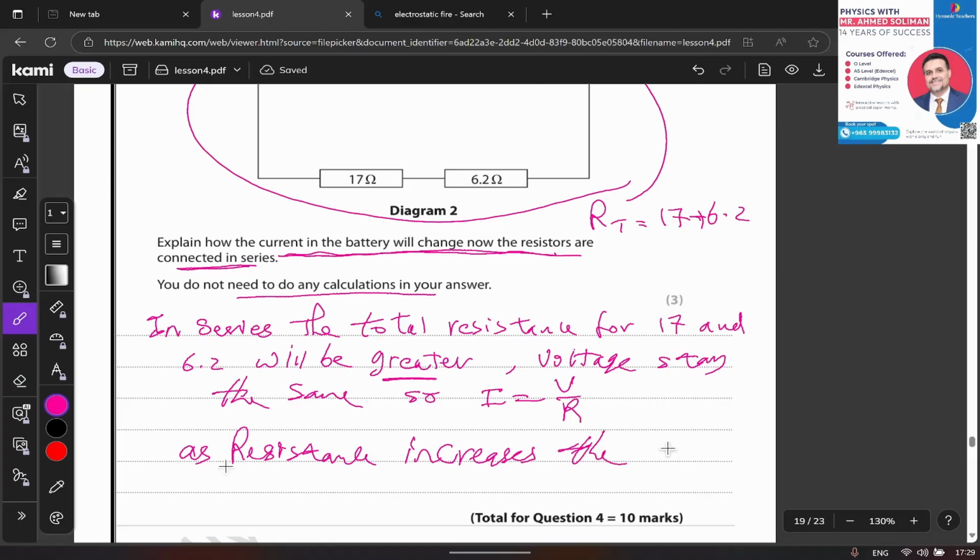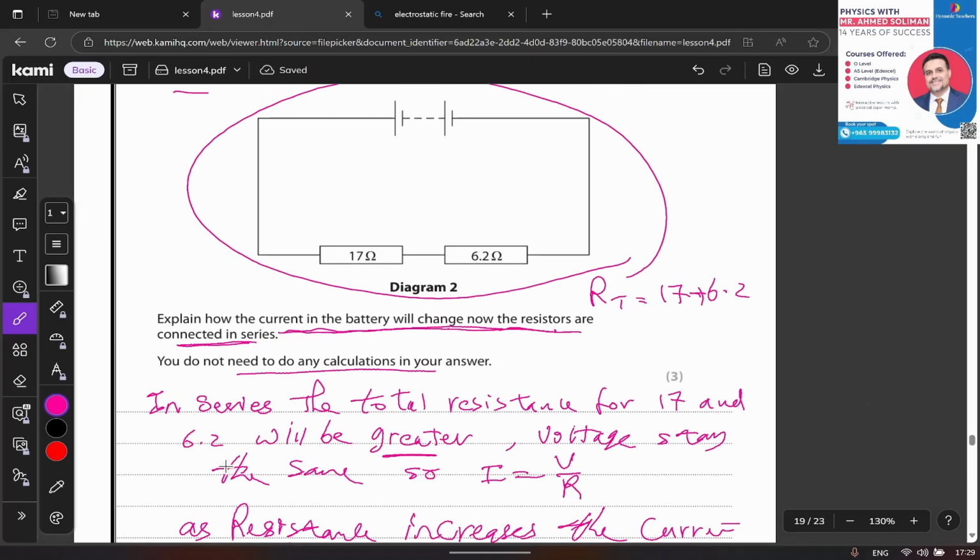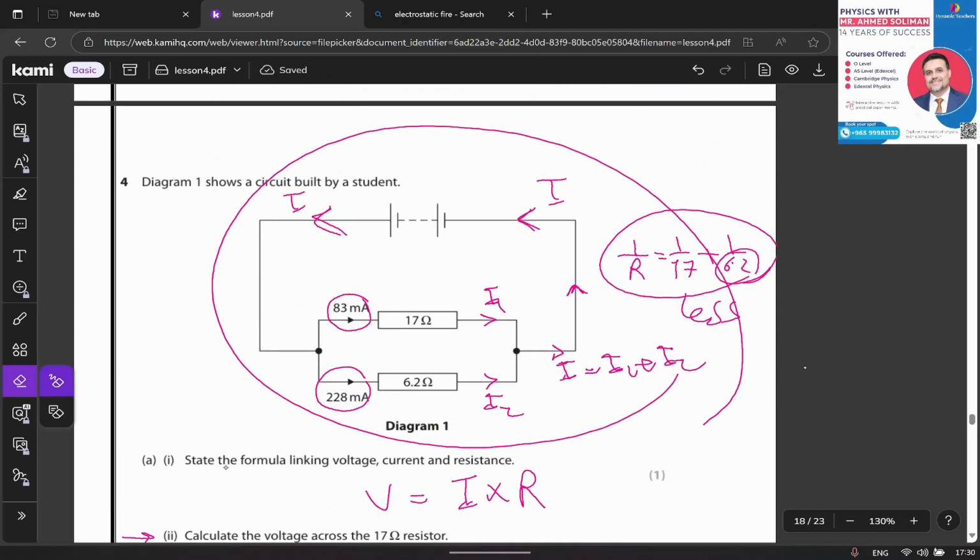It decreases. Yes, the total current will decrease. Do you understand now?